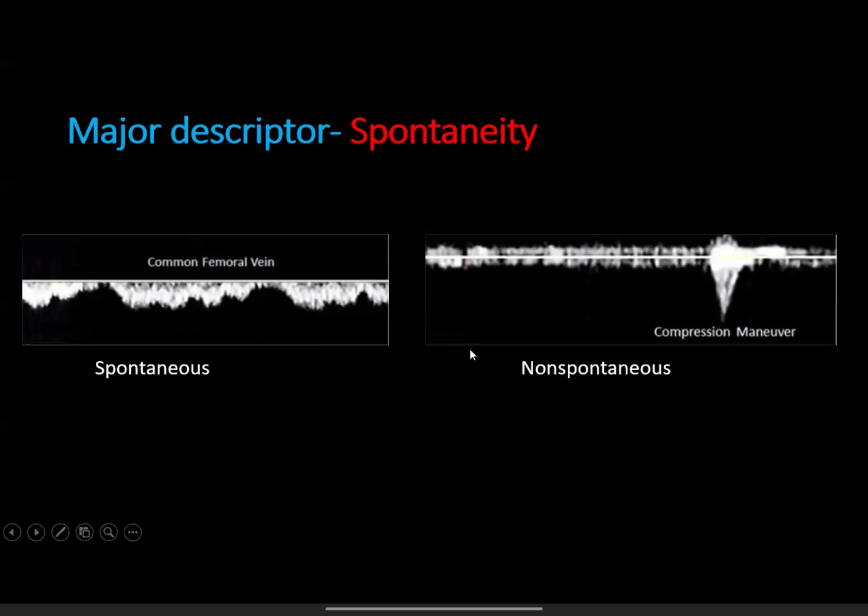We need to augment by certain maneuvers, by distal limb or distal extremity muscle compression. So when the flow is non-spontaneous, we will not see the spontaneous flow, and we need to perform compression maneuvers, and then we see the flow.